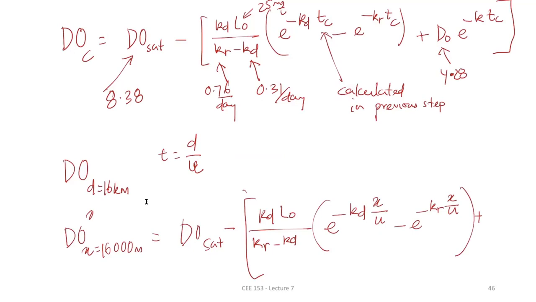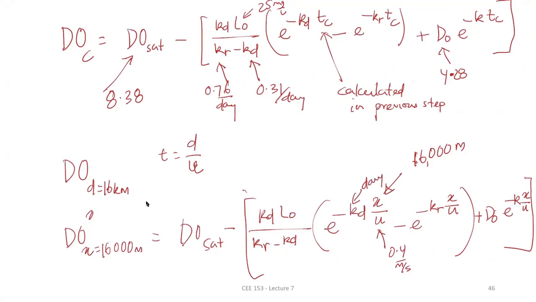Again, x is given here, 16,000 meters. Velocity is given as 0.4 meter per second. But one thing you have to change: KD is in 1 per day, so you have to change the velocity from 0.4 meter per second to meters per day.